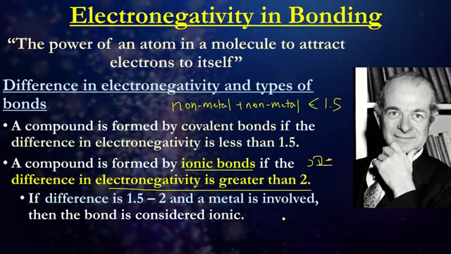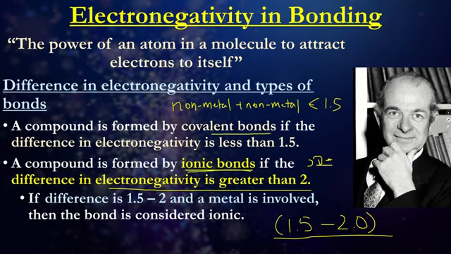You'll see that we now have a range, a little range called 1.5 to 2.0. So if we're between those two gaps, what would that tell us? Would it be covalent? Would it be ionic? Simple answer is if there is a metal involved and you get a range of 1.5 to about 2, we still call this an ionic bond.